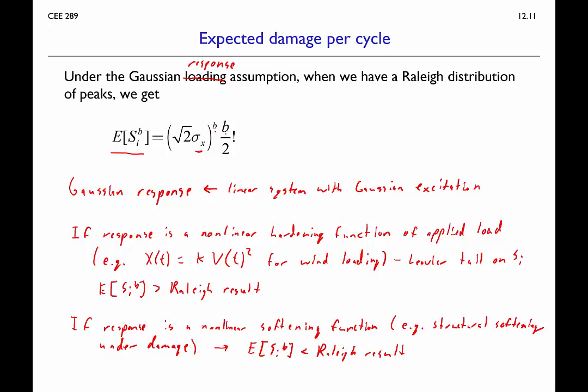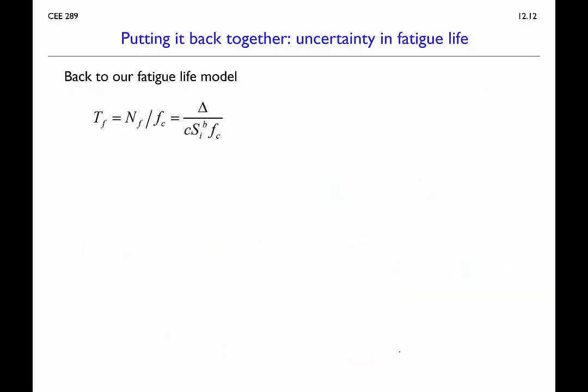Okay, so let's come back. Now we've got this expected damage accumulation per cycle. We can try to put this all together. So we can say the time to failure is going to equal the number of cycles to failure divided by the rate of cycles. And so we've got delta being our budget for damage accumulation, we've got the rate of cycles, and then we've got C SI to the B as the amount of damage accumulated per each cycle.